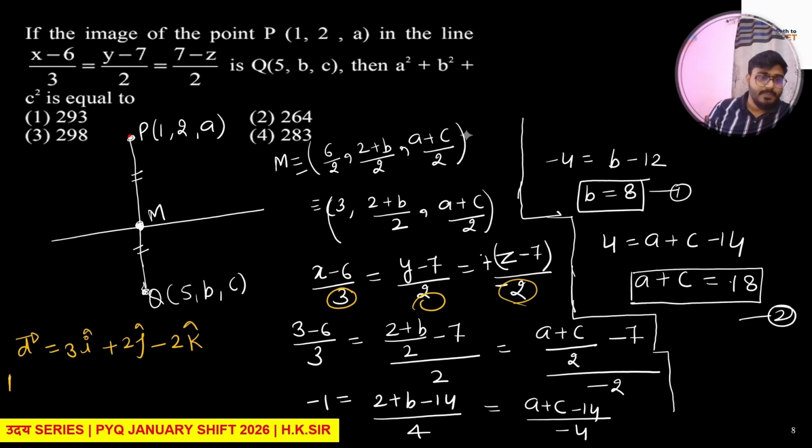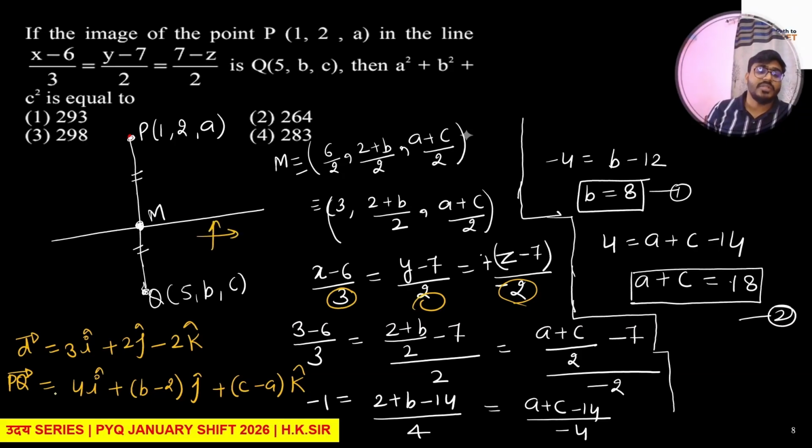What about the PQ vector? PQ vector means 5 minus 1, that is 4i, plus (b minus 2)j, plus (c minus a)k. Now if these two are perpendicular, their dot product is 0.